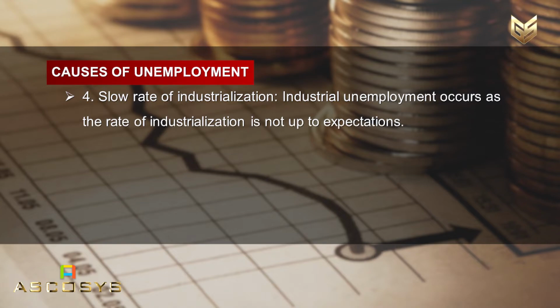We have seen two types of unemployment in urban areas: educated unemployment and industrial unemployment. Due to the slow growth of industries in urban areas, industrial unemployment occurs and people are not getting skillful jobs up to their expectations.